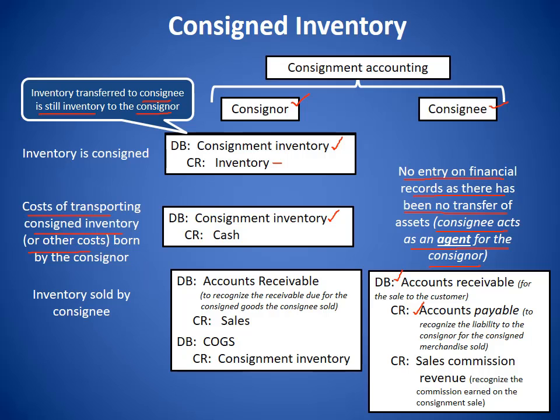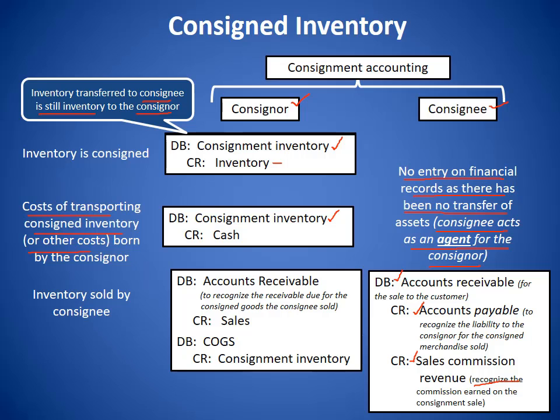Also, as part of that sale, they earn sales commission revenue. So the company recognizes that portion of the sale that represents a commission to the consignee. So we credit sales commission revenue to recognize the commission earned on the consignment sale.